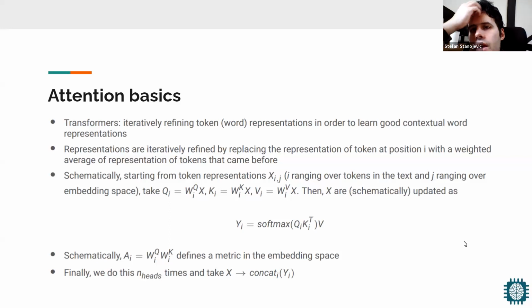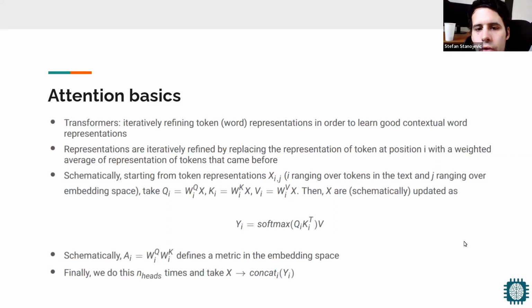And then V is just a transformation of X that we will then use to form a basis of our new X. So if we just take this formula here, it has a softmax, which we will use to convert the inner products to a normalized probability distribution.